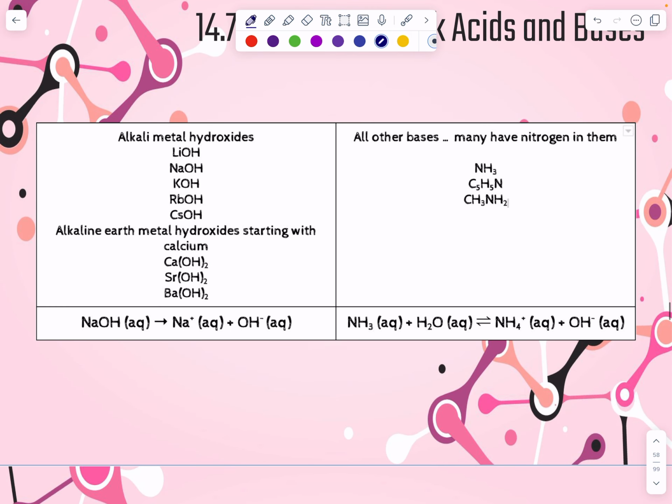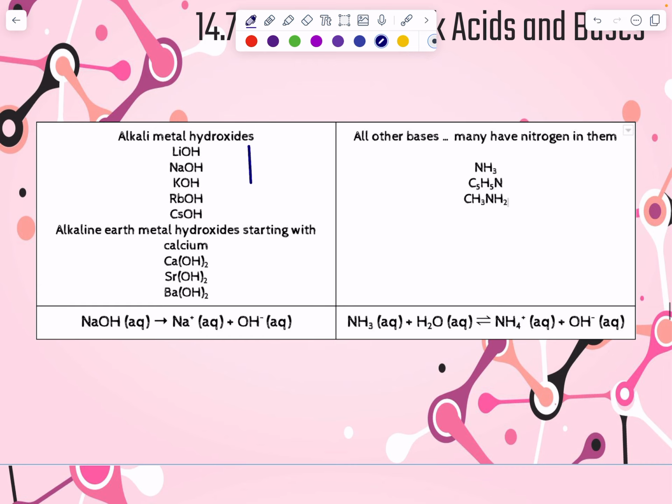And then how do I know whether bases are weak bases or strong bases? Well, we've memorized the strong acids. We do the same thing with the strong bases: there are 8 strong bases. There's the 5 that are made with the alkali metal hydroxides, and then these guys, calcium hydroxide, strontium hydroxide, and barium hydroxide.